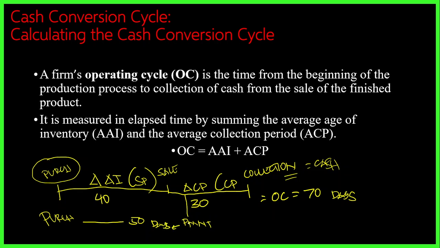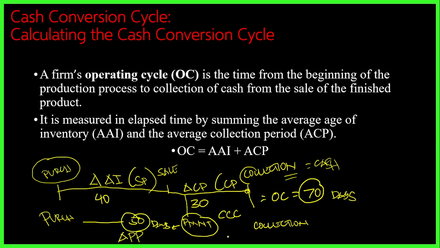From the date of payment up to the date of collection, that is now your cash conversion cycle. This one is your average payment period, or simply payment period. Now, your CCC will be 70 days less 50 days. You now have 20 days.